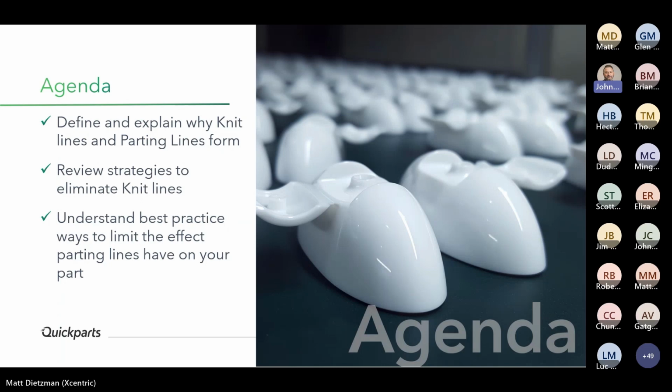We're going to explain what they are, why they're there, where they come from, and how to eliminate or mask them, as well as understand ways to limit the effect of them using different methods, whether it be design or surface finishes or things like that.